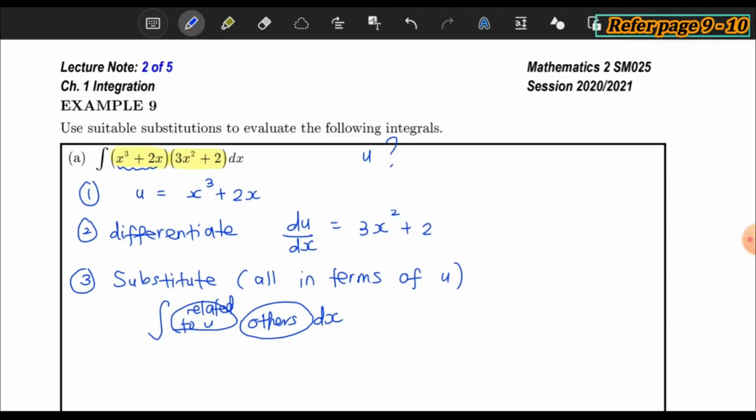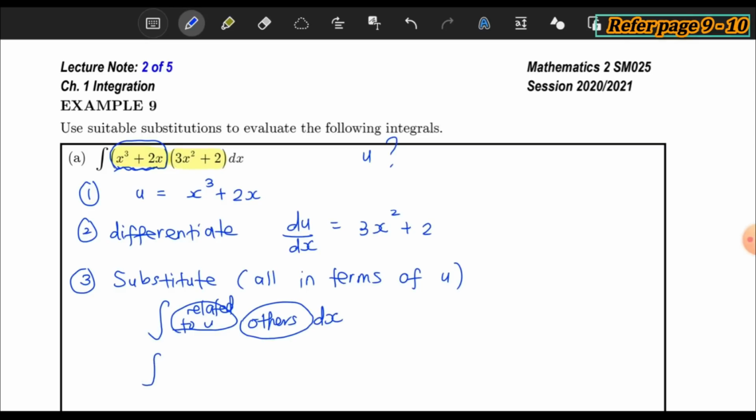For this case, our u is the first function, which is already related to u, so we don't have to rearrange the order of the functions.